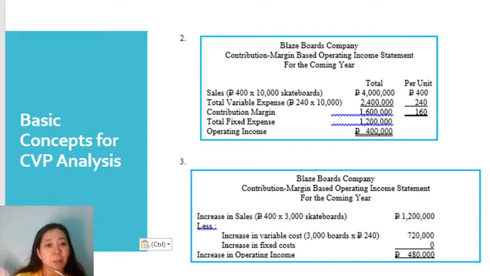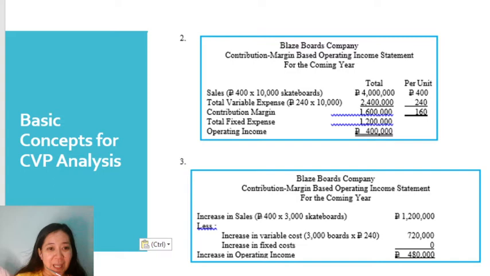Whereas, if you could still remember, in our typical income statement, our cost is just classified as manufacturing and non-manufacturing cost, regardless of its classification as to variable and fixed expense. So in our traditional income statement, our format is sales revenues minus cost of goods sold equals gross profit, less your administrative and selling expenses and other costs, which is equal to operating income.